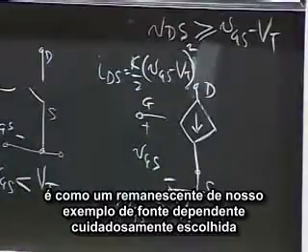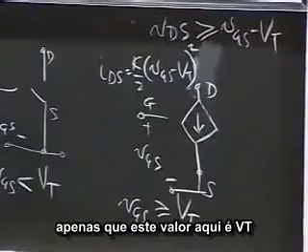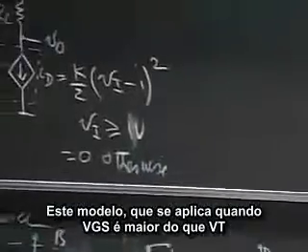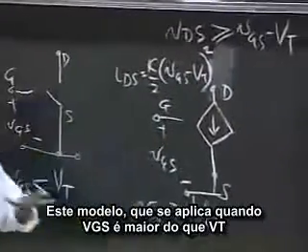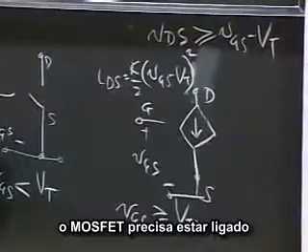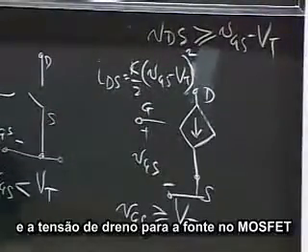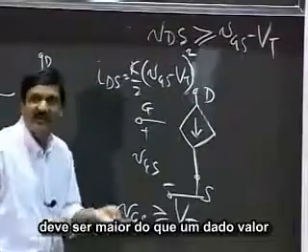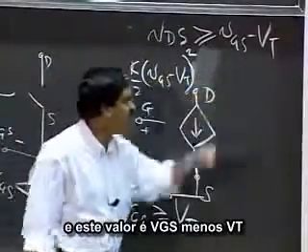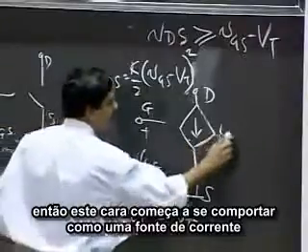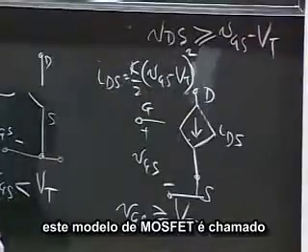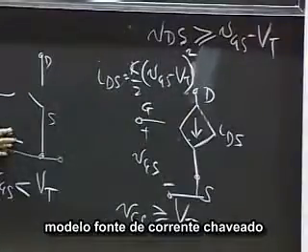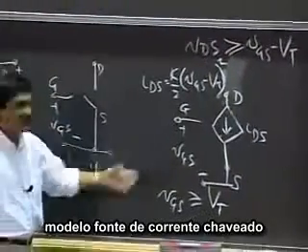Kind of reminiscent of the carefully chosen dependent source example, just that this one here has VT. So this model applies when VGS is greater than VT, the MOSFET has to be on, and the drain to source voltage must be larger than VGS minus VT. Then this guy begins to behave like a current source. This model of the MOSFET is called the switch current source model.